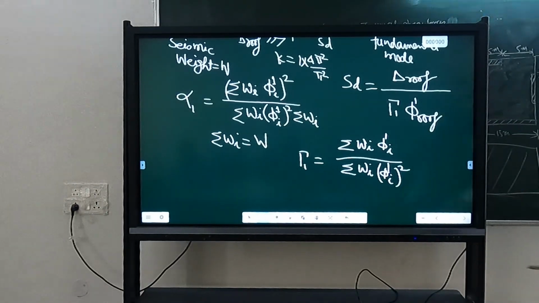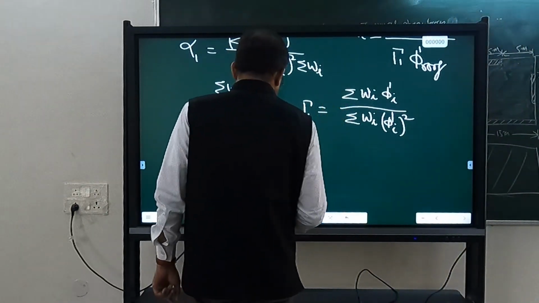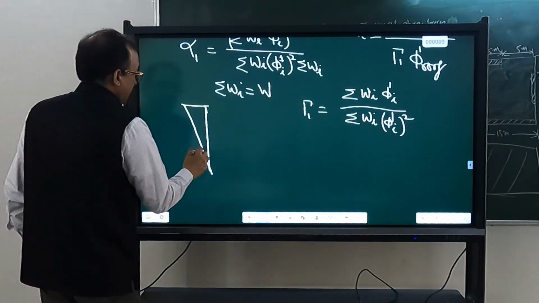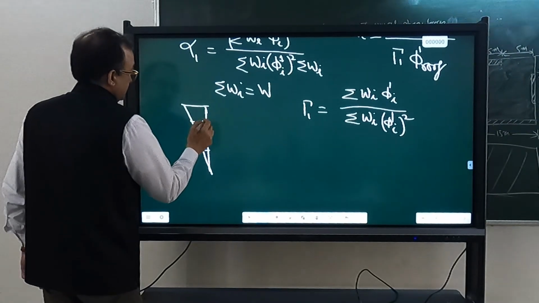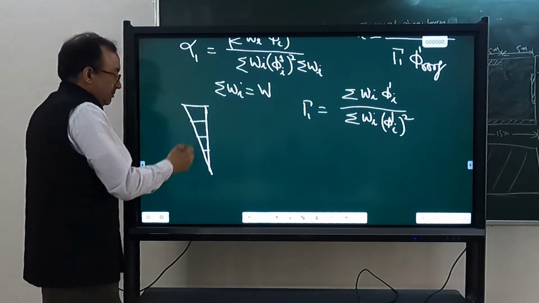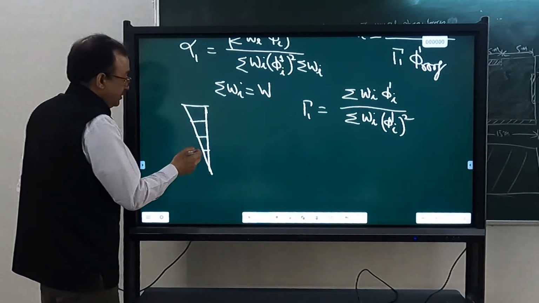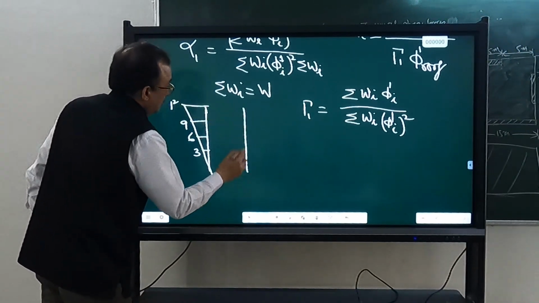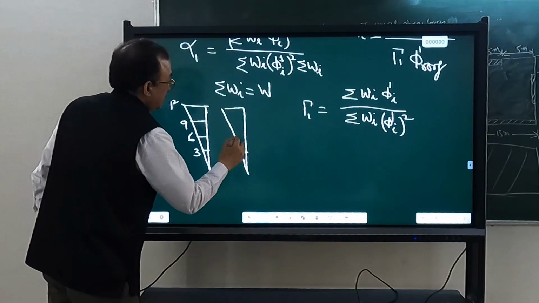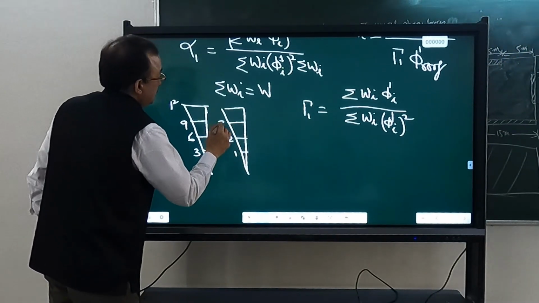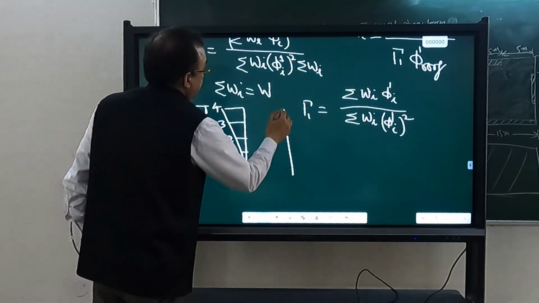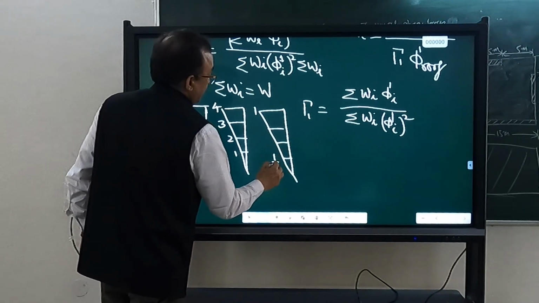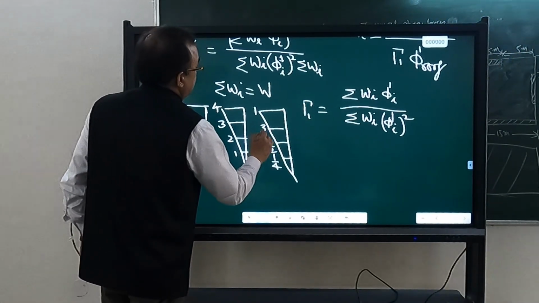Suppose I am taking a linear mode shape for a 4-story building. I can take it in proportion to the height, 3, 6, 9, 12. I can take it as 1, 2, 3, 4. I can take this as 1, this as 1 by 4, this as 1 by 2, this as 3 by 4.